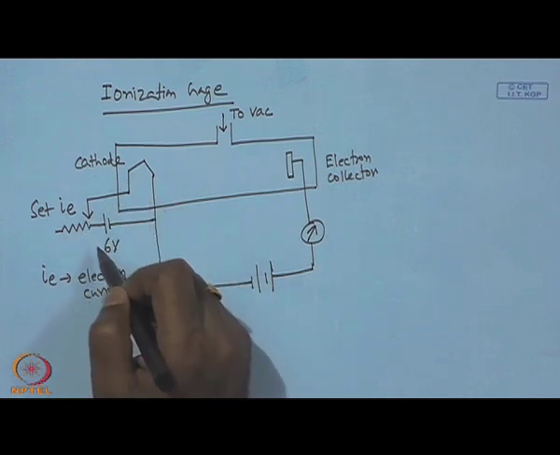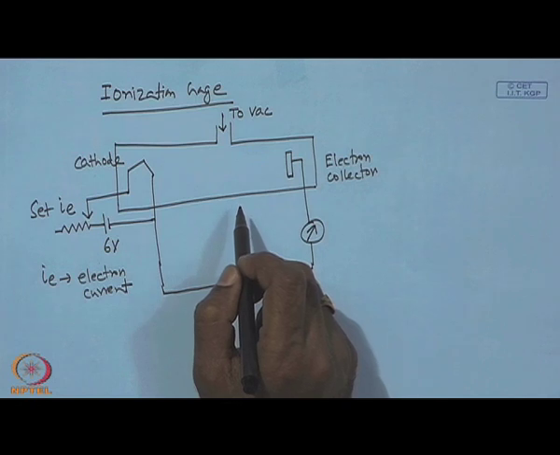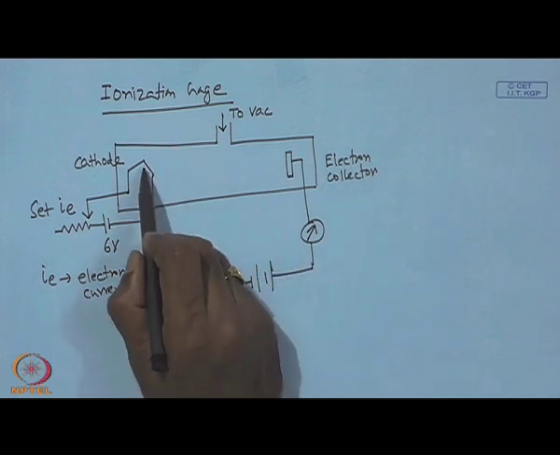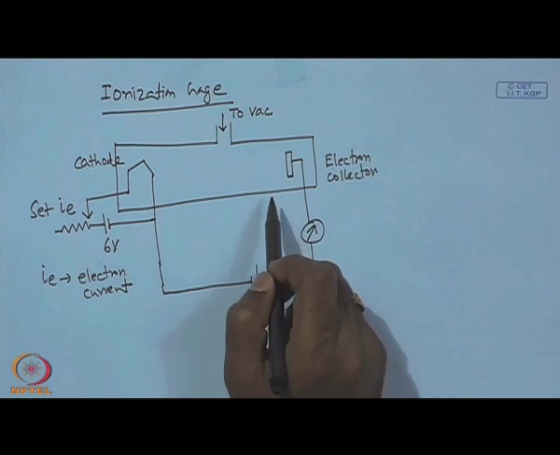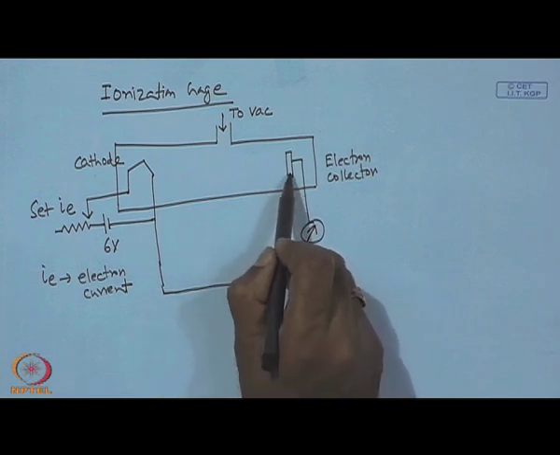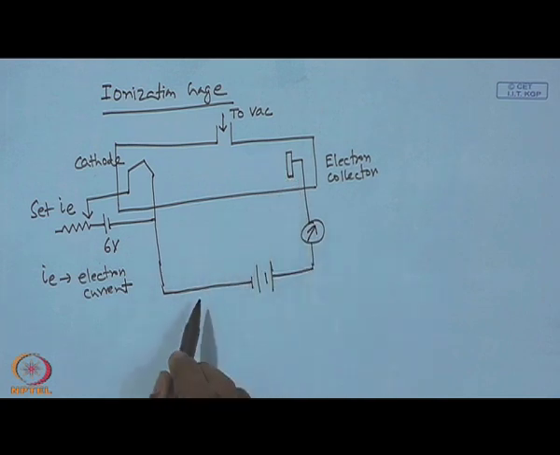The cathode is heated up, so electrons are emitted from this hot cathode and collected by the electron collector.